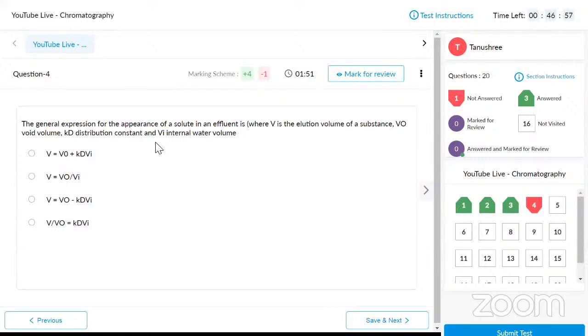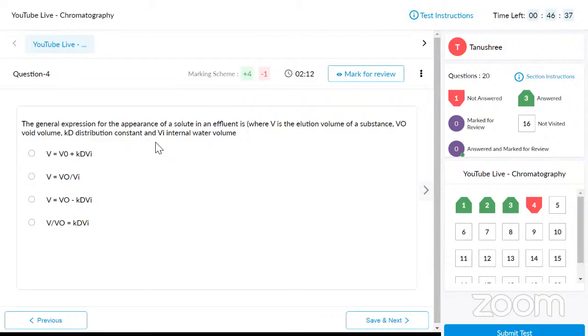Why? Because it needs the void volume too, since even when you are not adding your buffer, when the stationary phase is arranged, its void volume is important. Secondly, the internal water volume is also important because since it is a gel, there is water enclosed in those beads, so that factor also has to be considered.